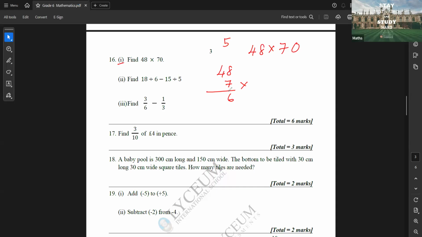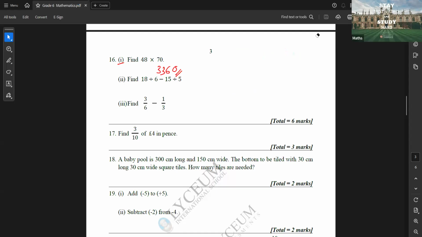And 7 times 4 is 28. 28 plus 5 is 33. So the answer is 336. Then you have to remember to keep the 0. So the answer is 3360. First multiply the numbers, then put the 0.